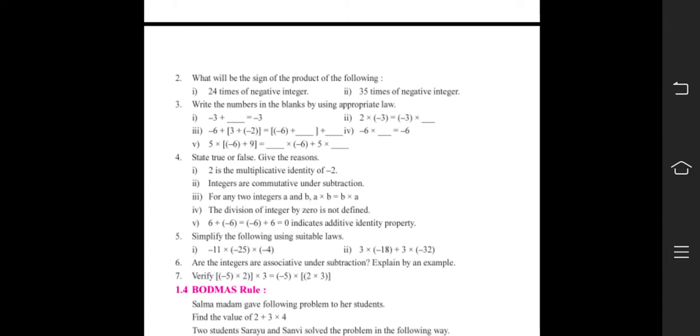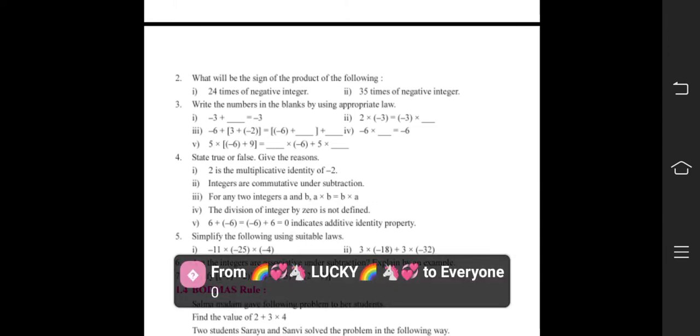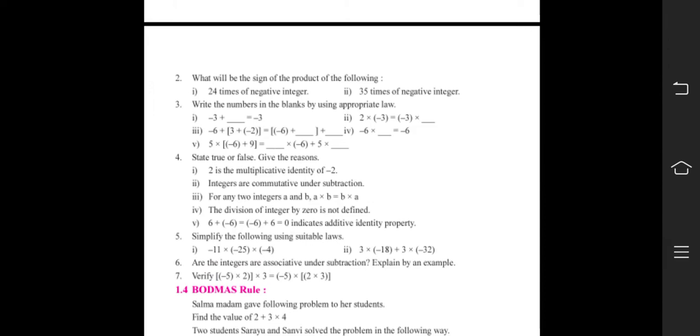Now second one: 2 into -3 equals -3 into dash.